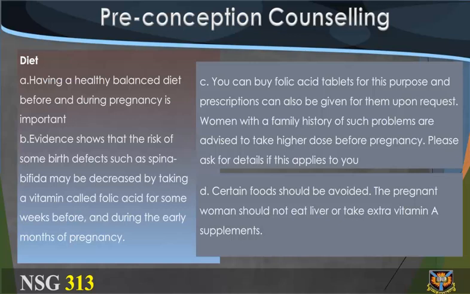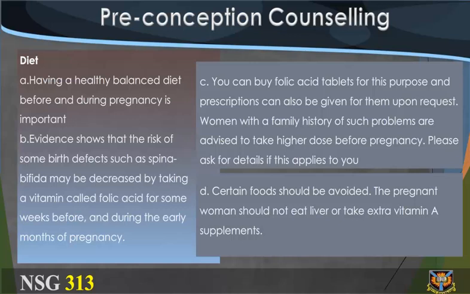C. You can buy folic acid tablets for this purpose, and a prescription can also be given for them upon request. Women with a family history of such problems are advised to take a higher dose before pregnancy. Please ask for details if this applies to you.